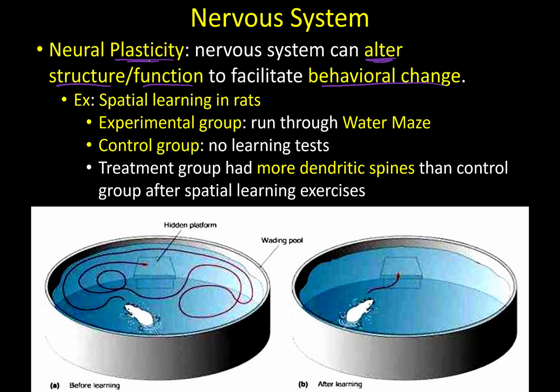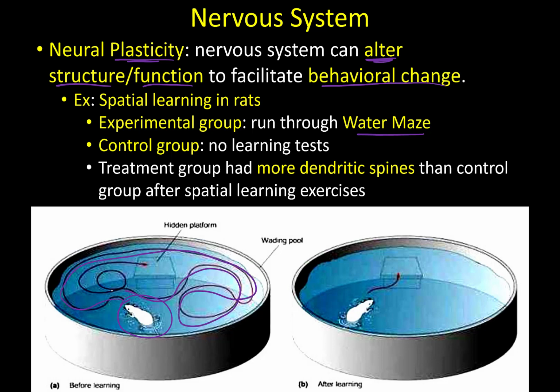Spatial learning in rats is a great example. You can teach rats to navigate what's called a water maze. And you've got two visual examples of them down here. You've got two different groups, an experimental group of rats and a control group. The experimental group are run through these water mazes. Now, the first time you put the rat in the water maze, it tends to wander around.